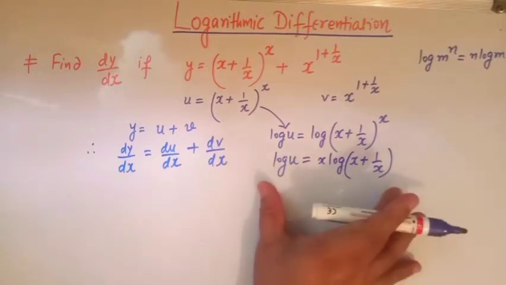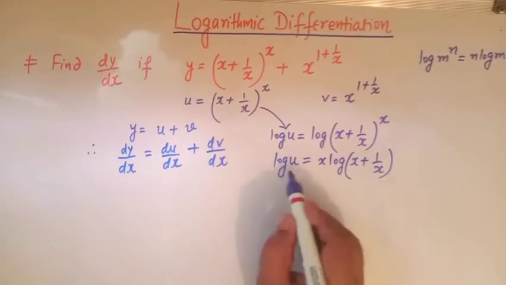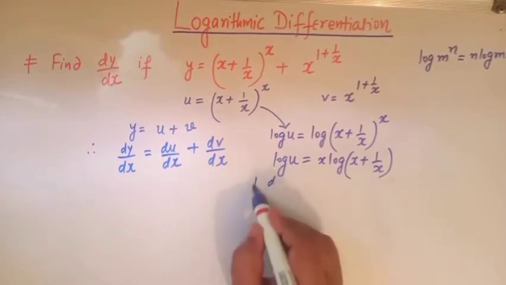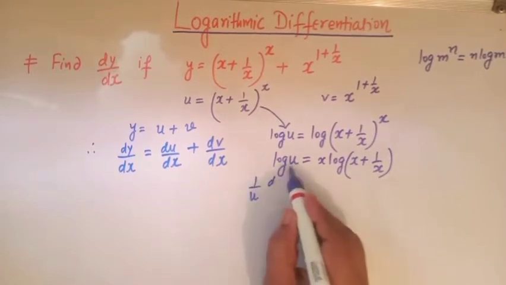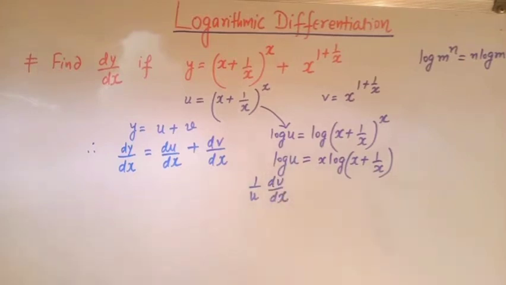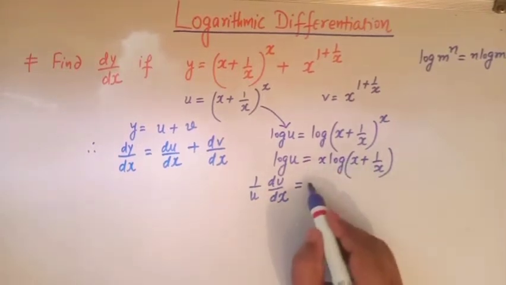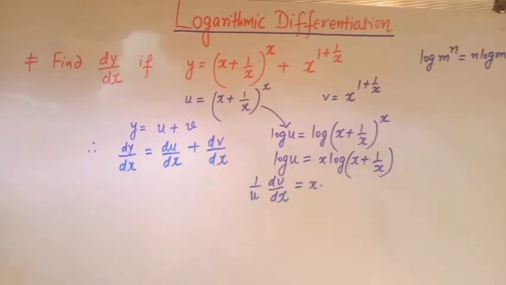Now we differentiate both sides with respect to x. So the derivative of log u is 1/u, and by chain rule we have du/dx, right? Now this is the product of two functions, so we'll apply the product rule.